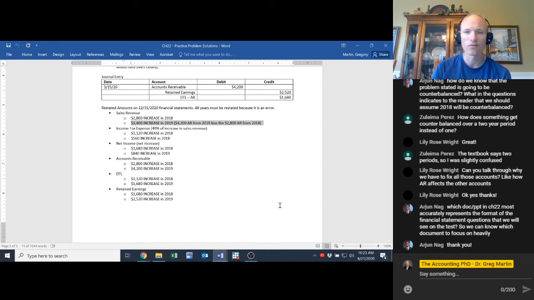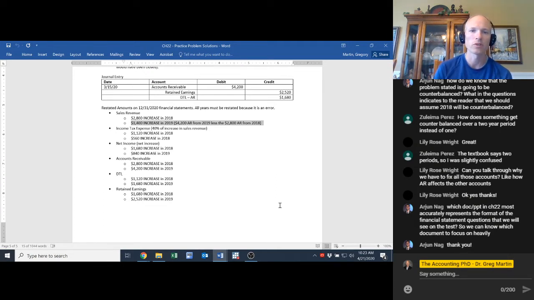Even if the $2,800 had not been collected, that just means that the $4,200 already includes $2,800 from the mistake in 2018. So no matter how you look at it, in 2019 there's only the $1,400 increase in sales revenue, because that's the incremental error attributable to 2019.